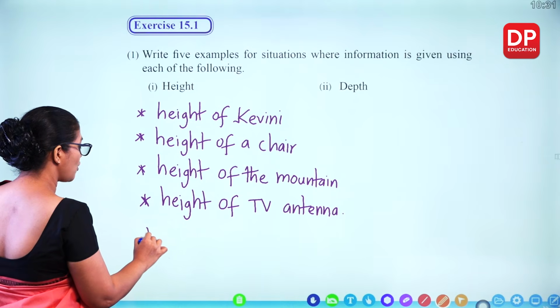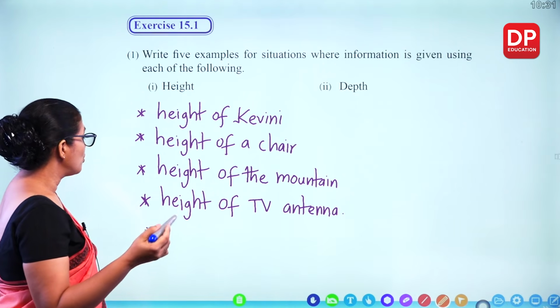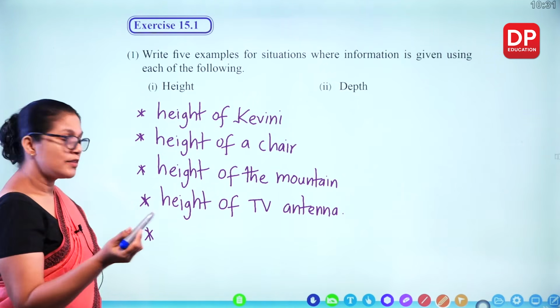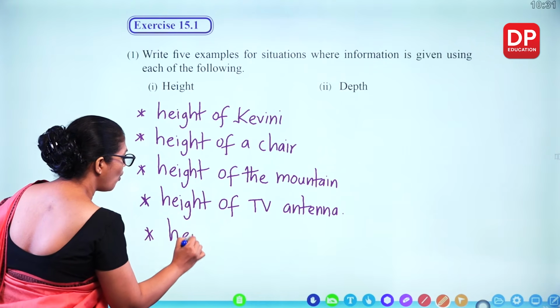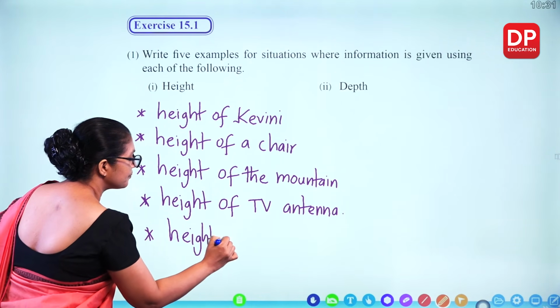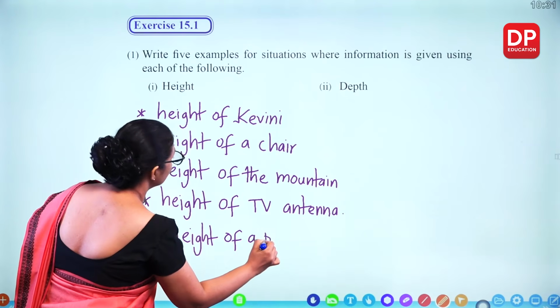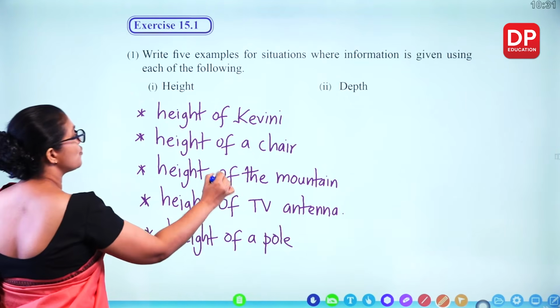And height of a pole if you want to attach a flag. One, two, three, four, 5.